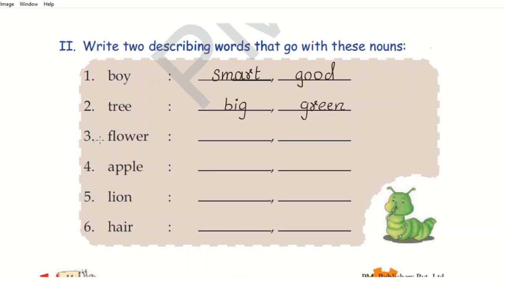Number 3. The noun given, flower. The 2 describing words for flower can be beautiful and colorful.